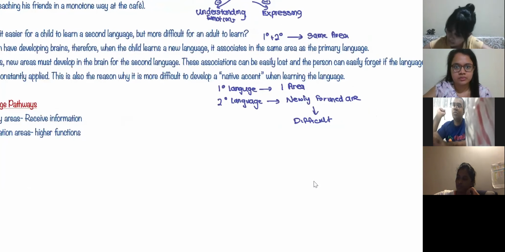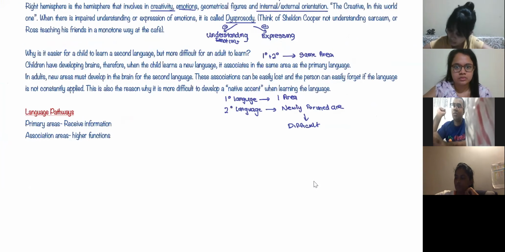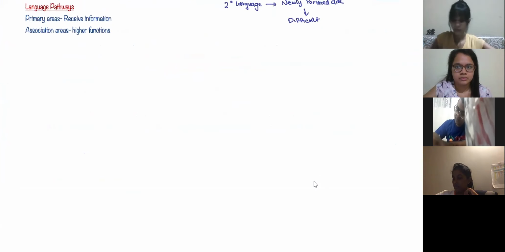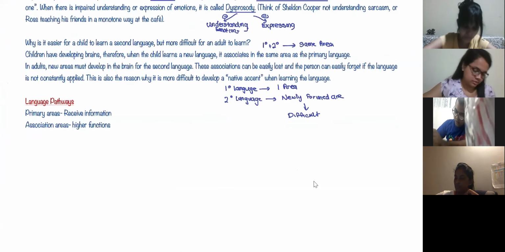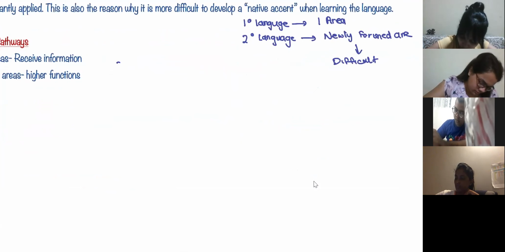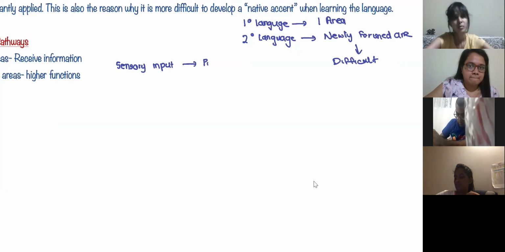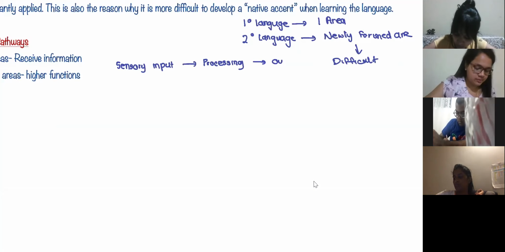Now, do you guys understand this? If you want, I can explain this again. If not, I will go into the language pathways. The language pathways have to be a combination of sensory input, processing, and output.